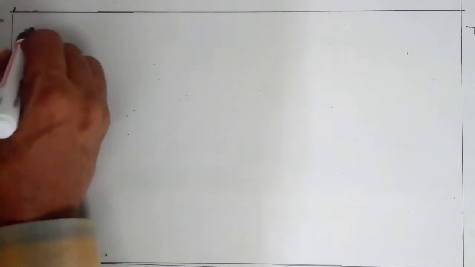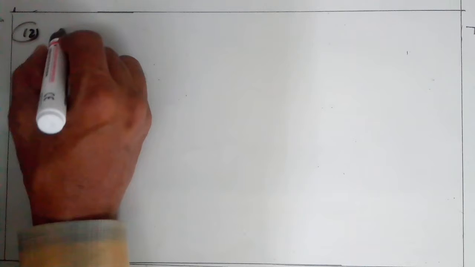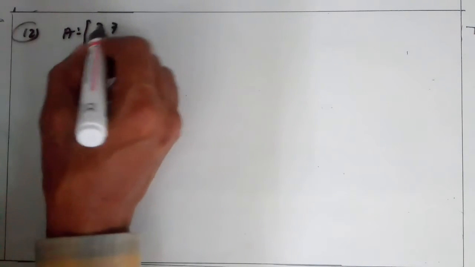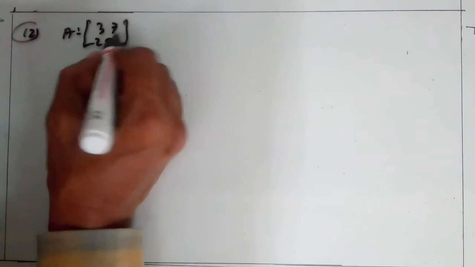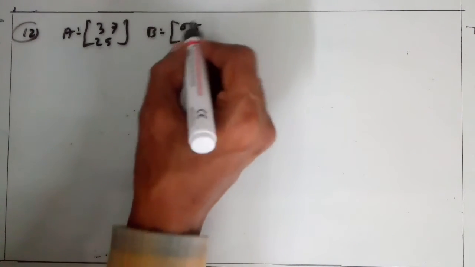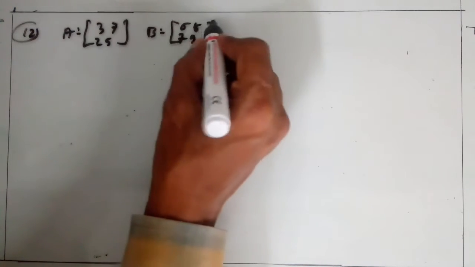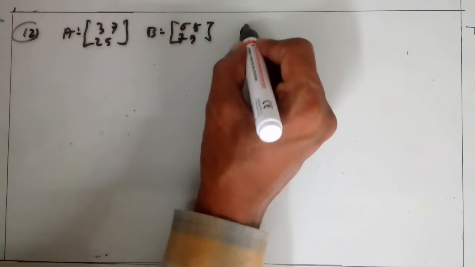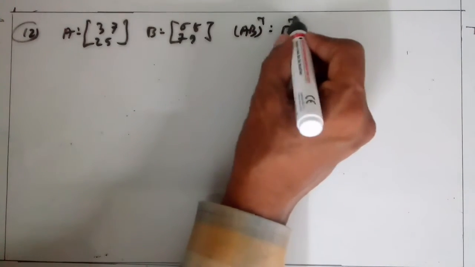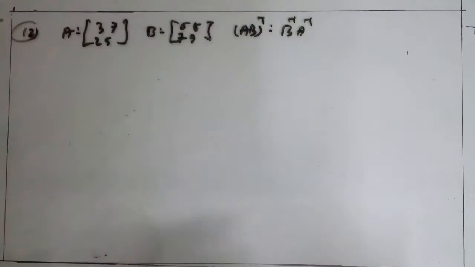Now question number 12. Let A be equal to 3, 7, 2, 5. B is equal to 6, 8, 7, 9. Verify that (AB) inverse is equal to B inverse into A inverse.